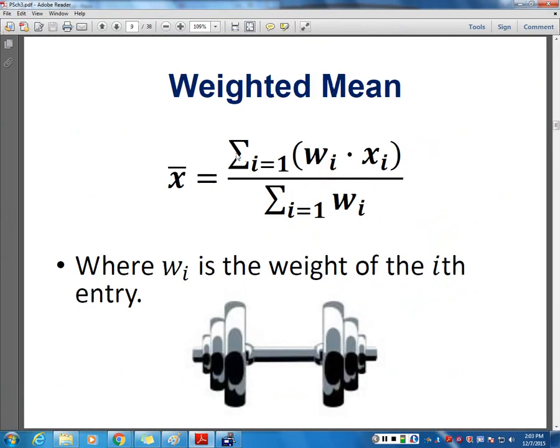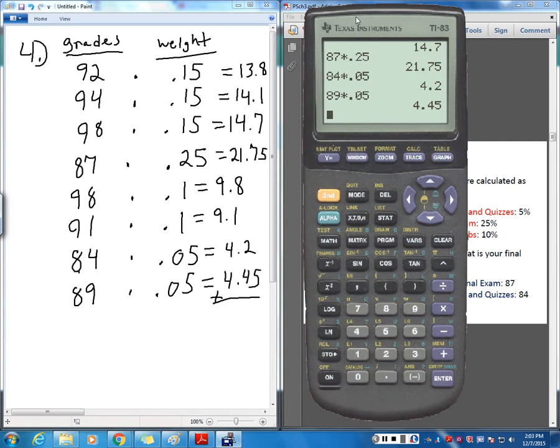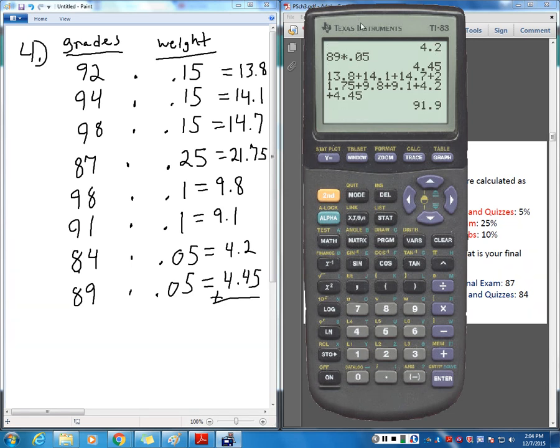All those products are the part of the formula highlighted right now. The next thing I need to do is add those products up and divide by the total weights. So I'll add those together, and I get 91.9.